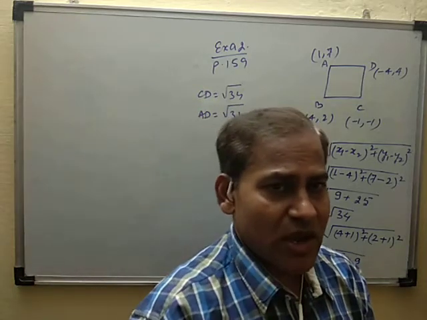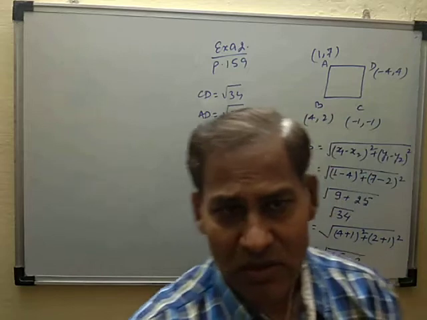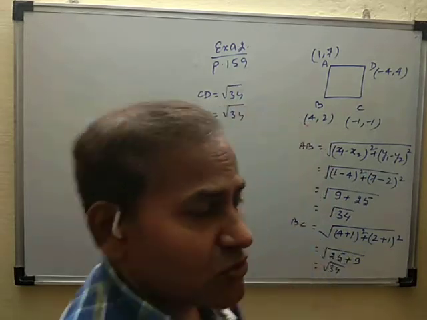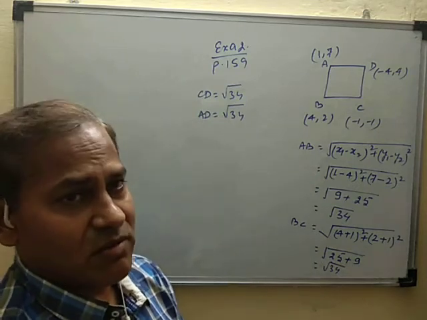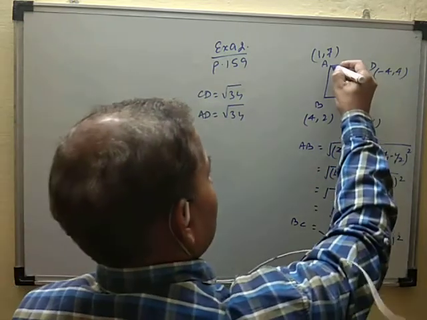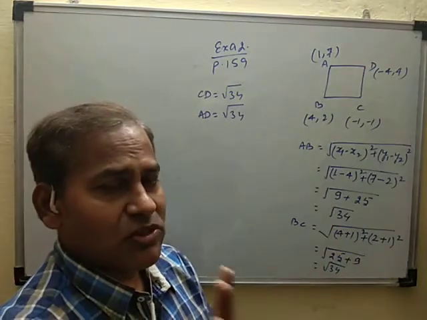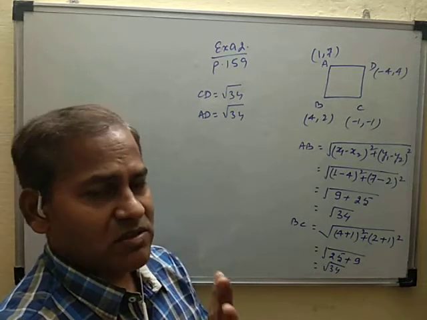So for a square, first we have to show that all sides are equal. Then second we have to show that its diagonals are also equal. If we only show that all 4 sides are equal, then it is a rhombus.